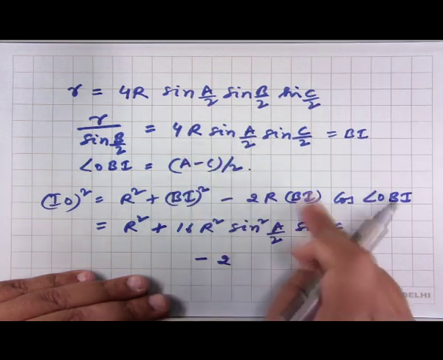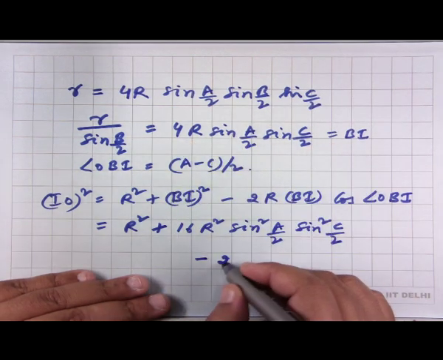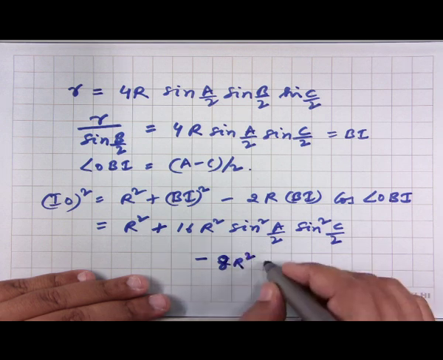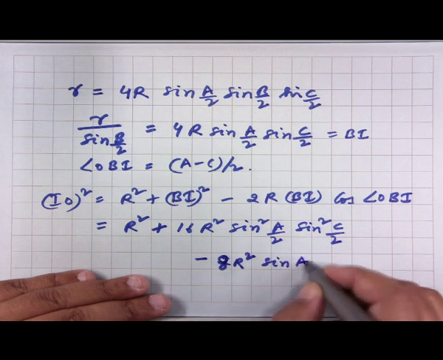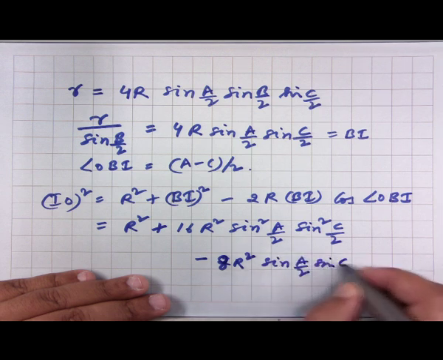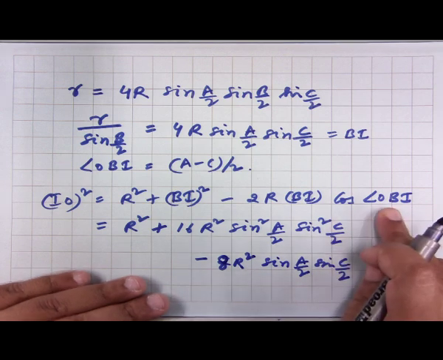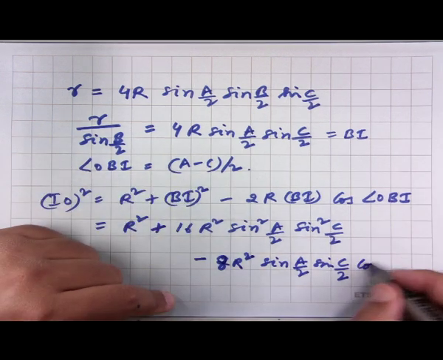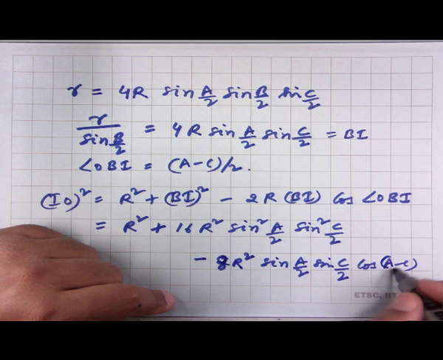So, again for BI we use this expression, so it becomes 8 R square into sine A by 2 into sine C by 2 into cos of angle OBI, which is A minus C over 2.